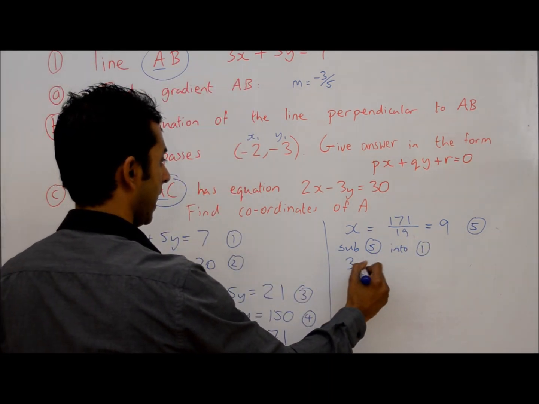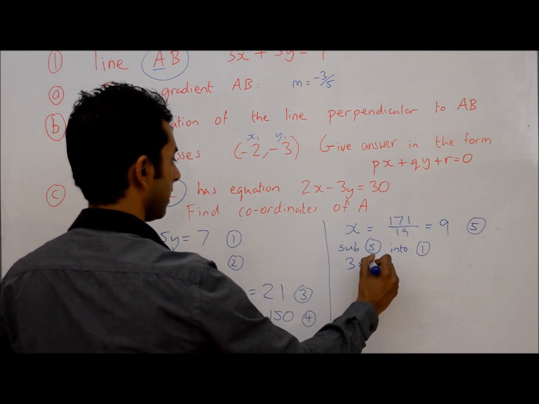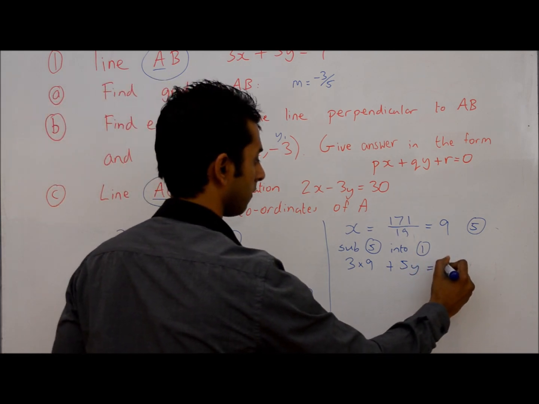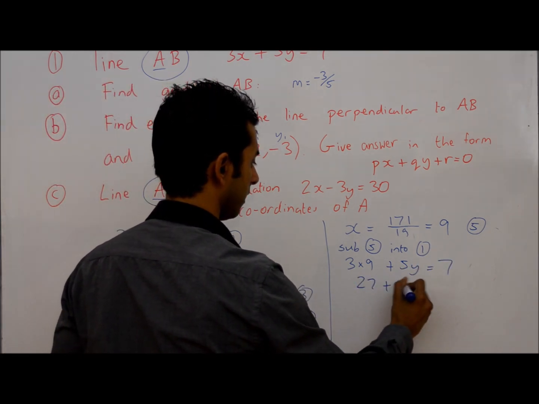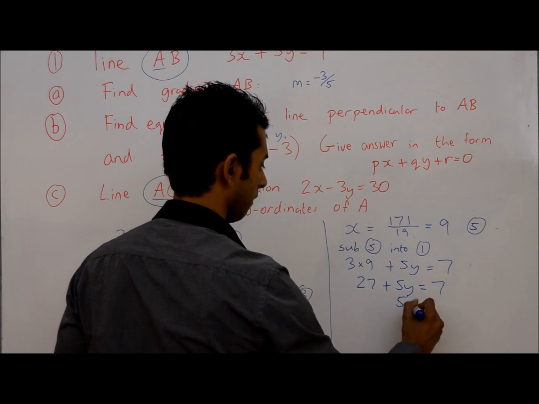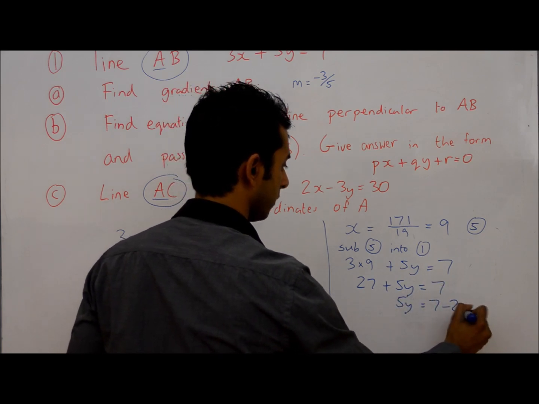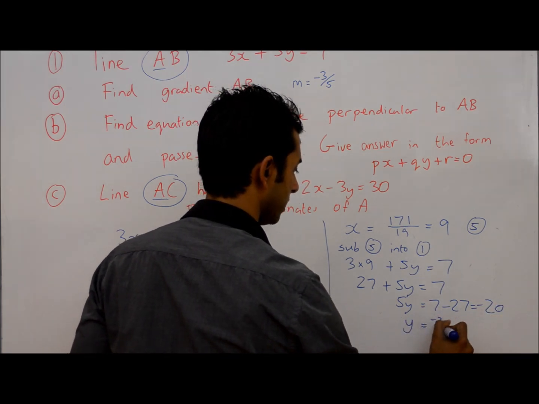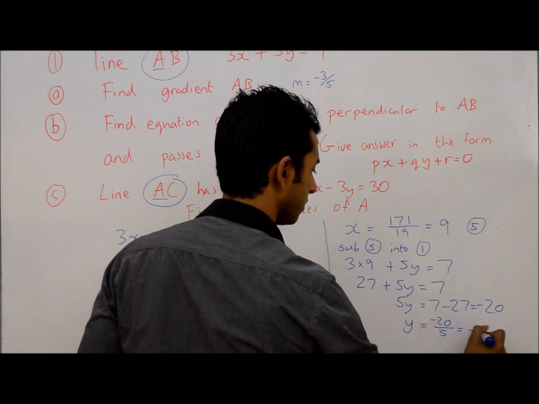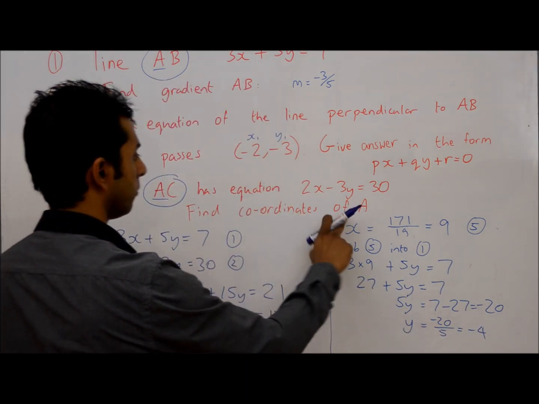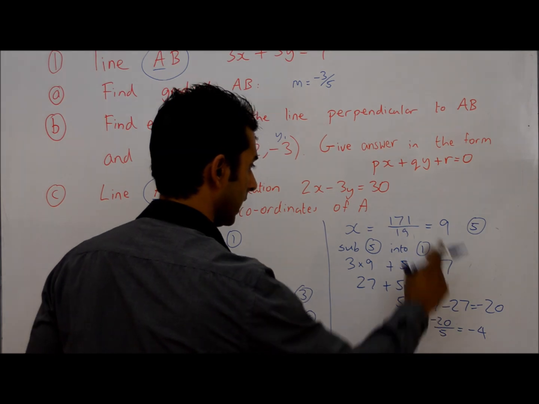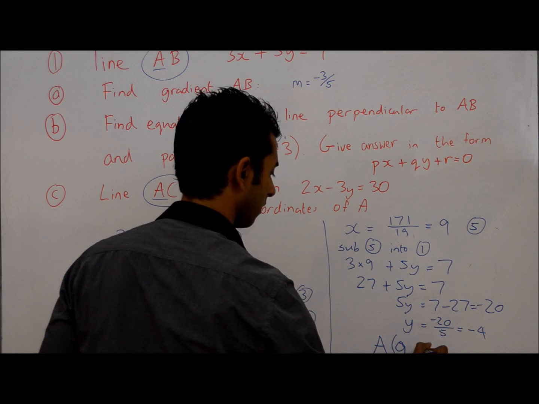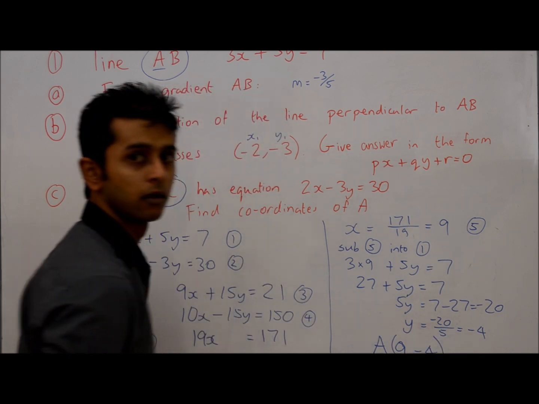So 3x, we now know that x is 9, so 3 times 9 plus 5y equals 7. So 27 plus 5y is 7, so 5y is equal to 7, take away 27, which is minus 20. So y is equal to minus 20 divided by 5, which is minus 4. So the coordinates of point A are x is 9, y is minus 4.